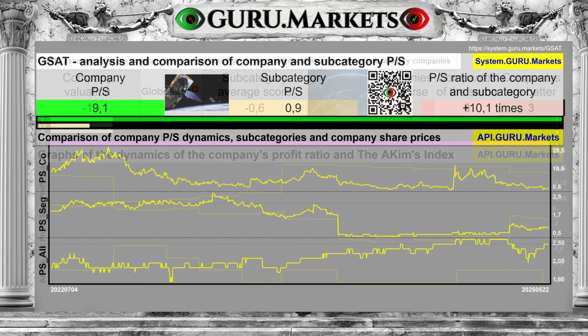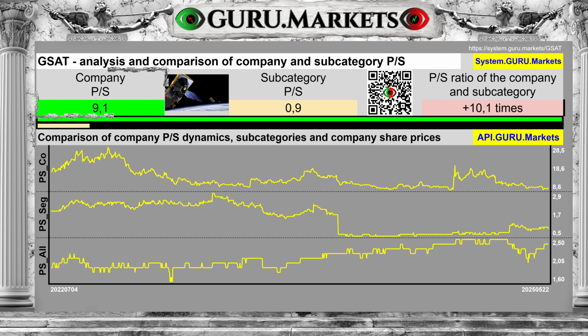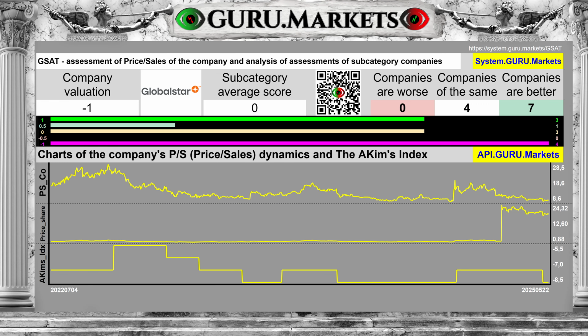The company's value to revenue ratio is 9.1. The average for the subcategory is 0.9, which is 911% higher than for the subcategory. Evaluation of the company's stock market value to revenue ratio in comparison with the indicators of companies in the subcategory, bad, minus 1 point.